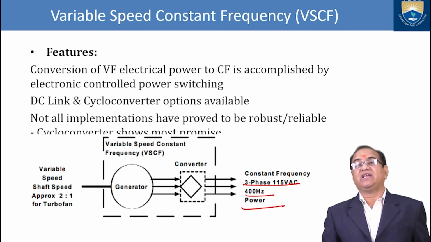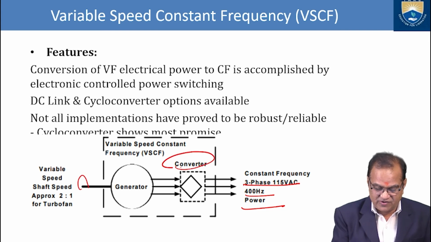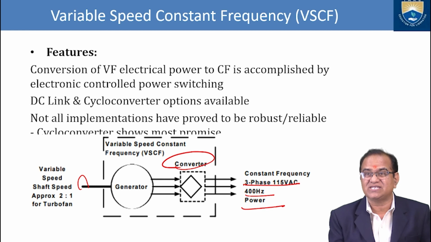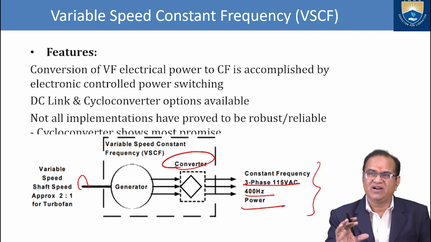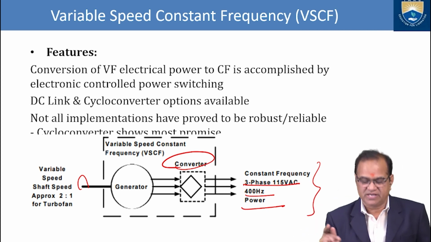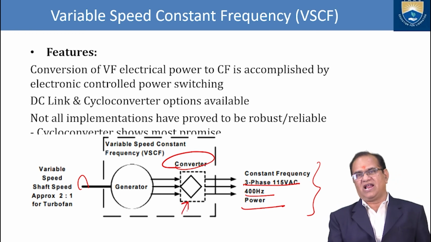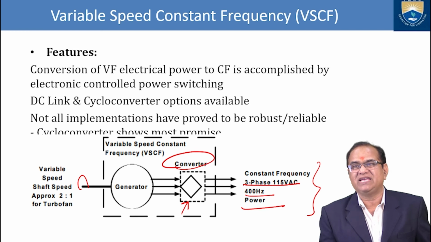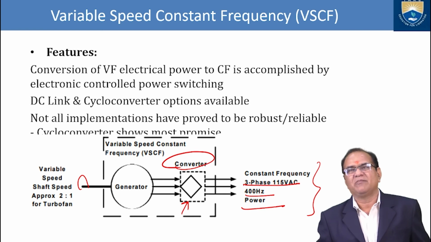The speed is varying, but by this converter we get the power supply as we want. We want a constant frequency, 3-phase 115 volt, 400 hertz. This device is called a converter, or cyclo converter also, and it will supply a constant rating of whatever is required by the particular system.